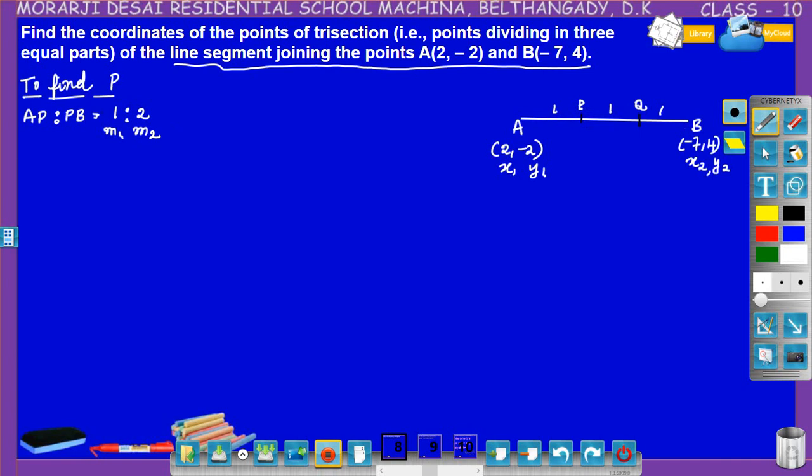Now let us find the coordinates of point P. That is, x is equal to (m1 x2 plus m2 x1) divided by (m1 plus m2).